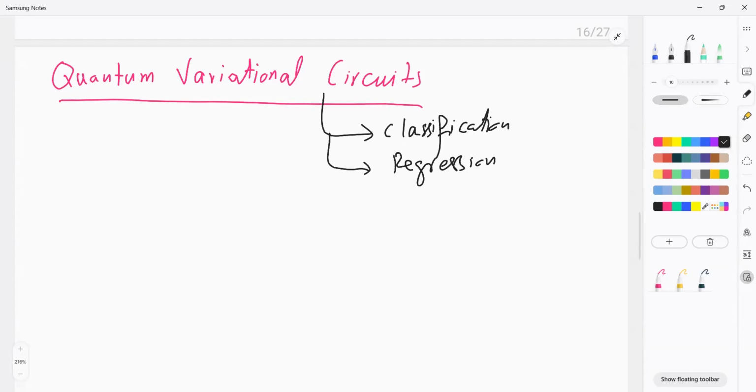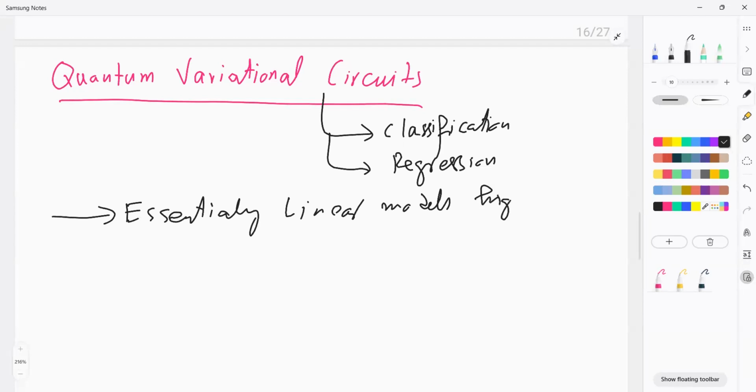And what I'm going to show today is that they're essentially linear models in a different vector space, in a different feature space than the actual data space. And usually that is a higher dimensional feature space.